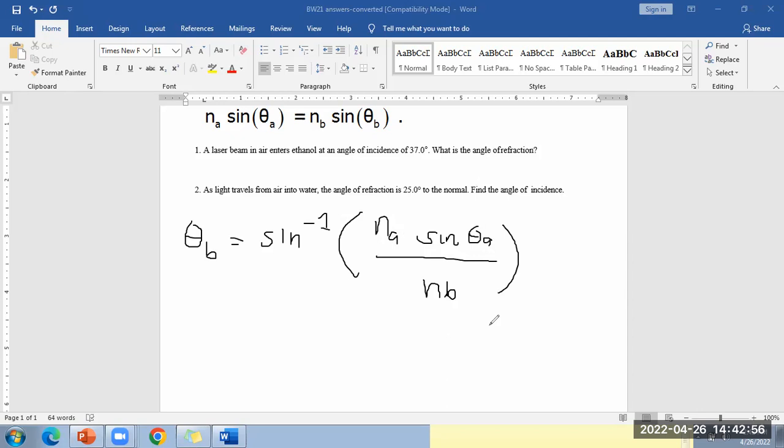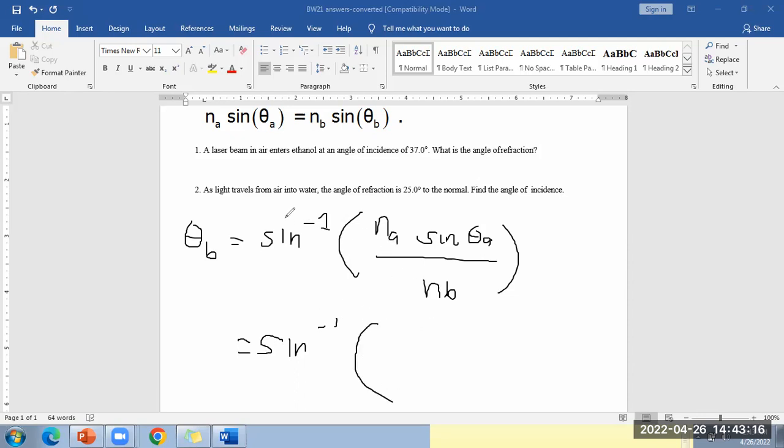So ano makukuha natin? Di ba sabi naman, angle A or angle B, depende na lang yan kung saan yung gusto mo. Pwede mamili ka na lang kung nawawala si A o nawawala si B. I-apply na lang natin sine negative 1.